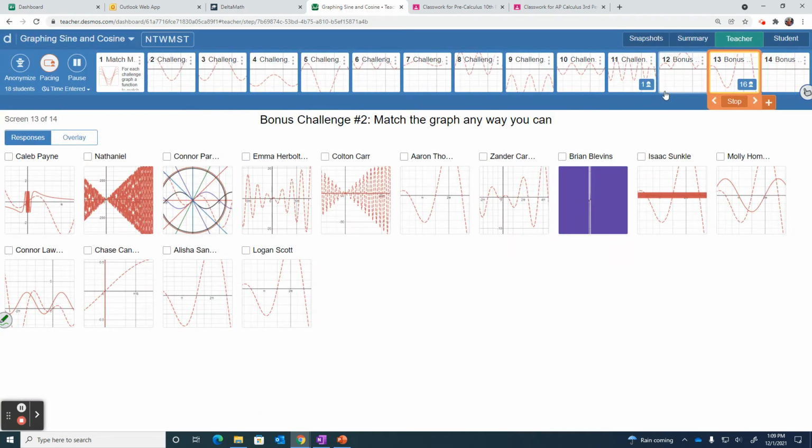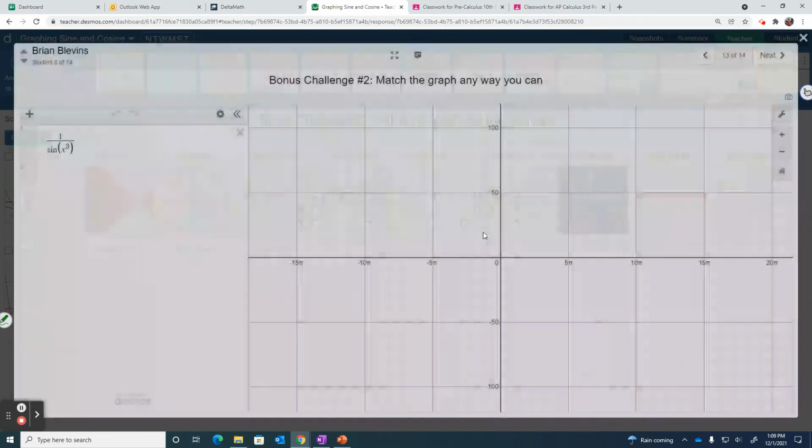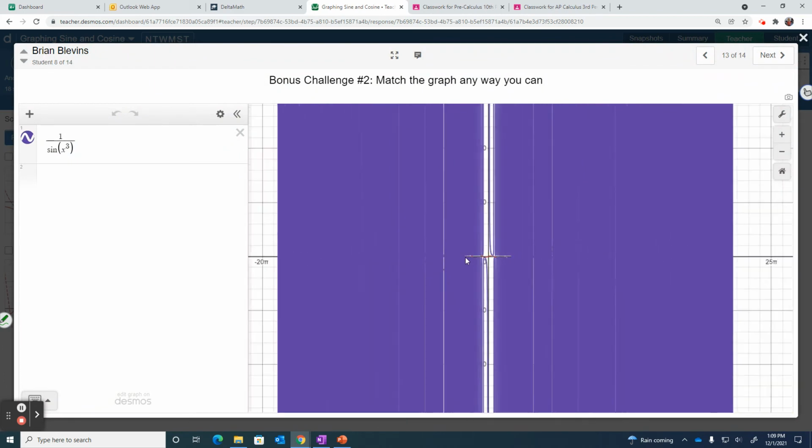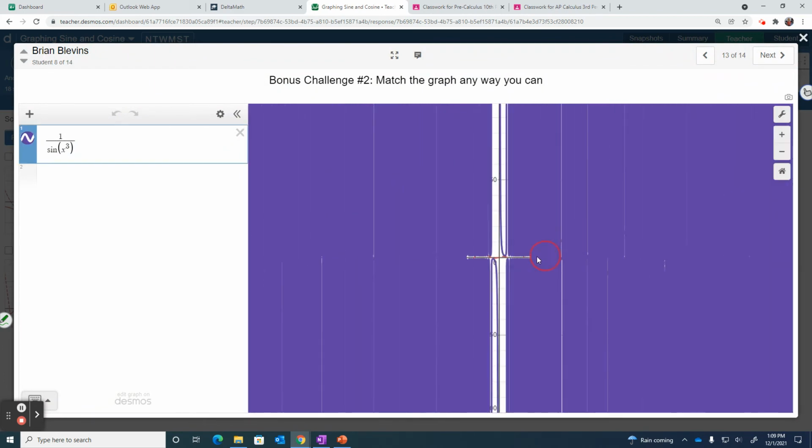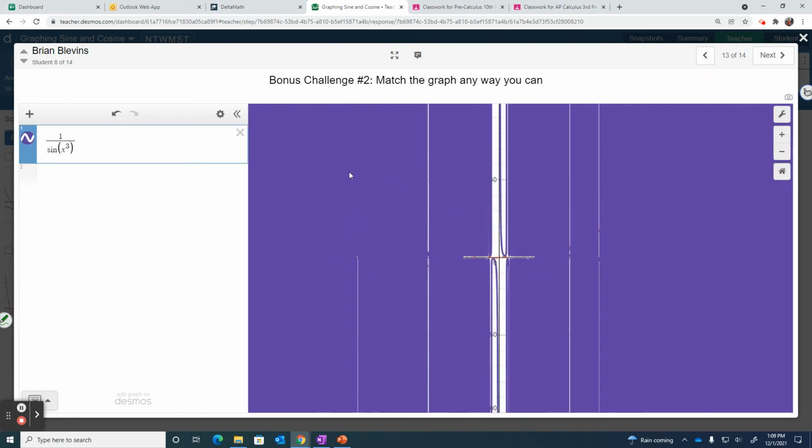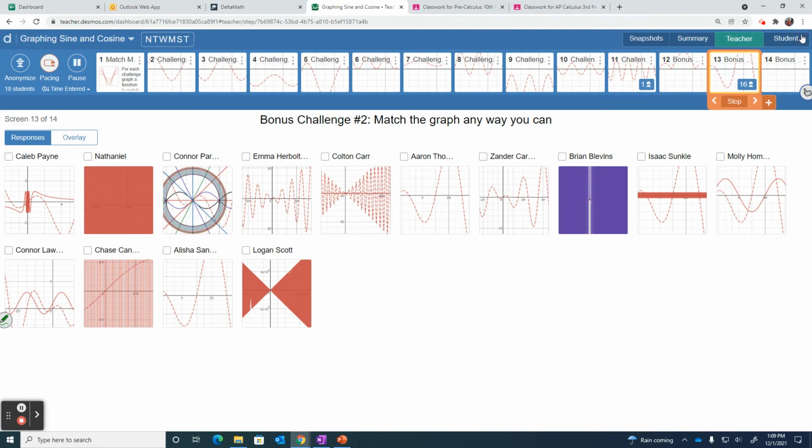I will try the last one. Let's try the last one too. We can figure it out.